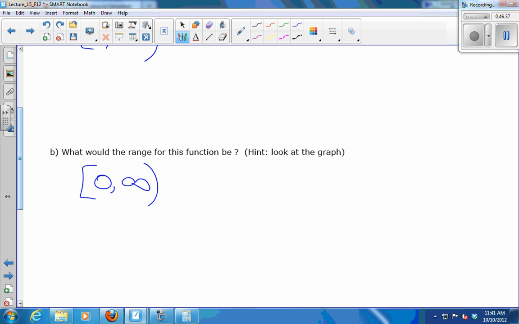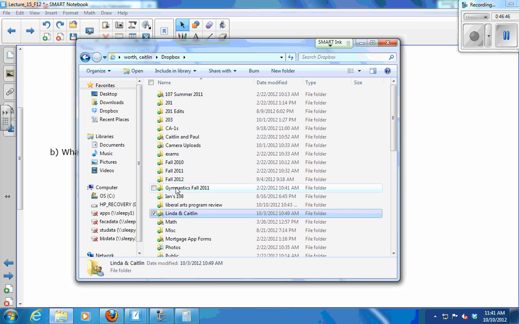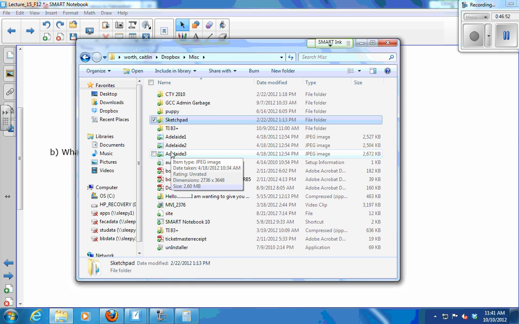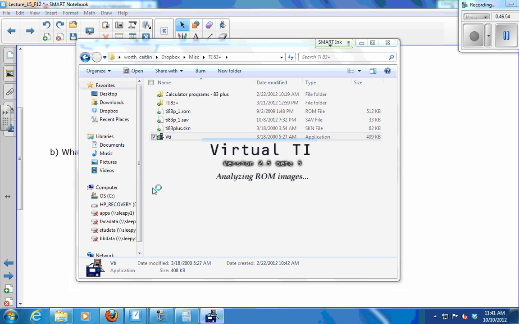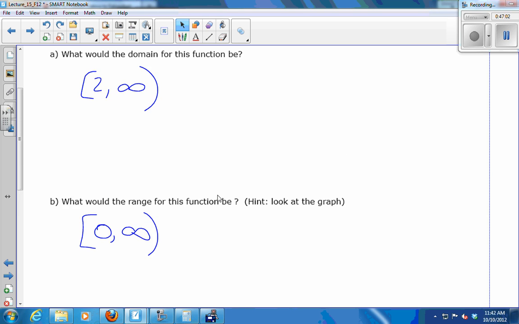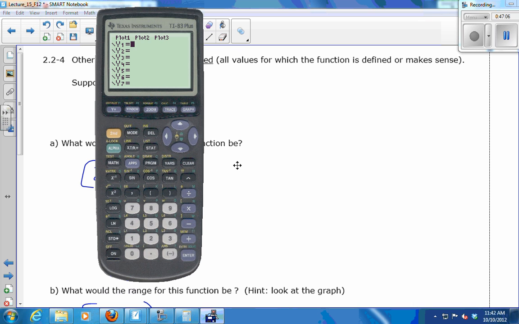So we kind of reasoned through that you can only get positive answers, but another thing that you can do is look at the graph. So I want to look at the graph of x square root of x minus 2.